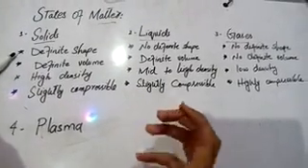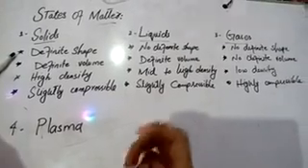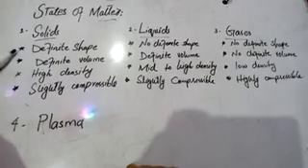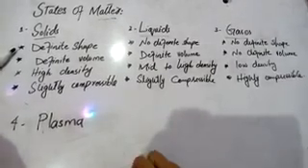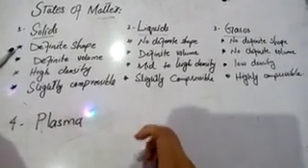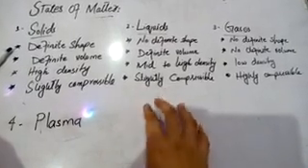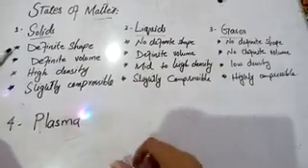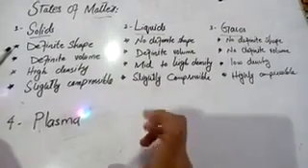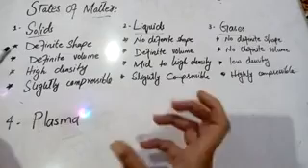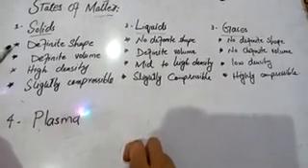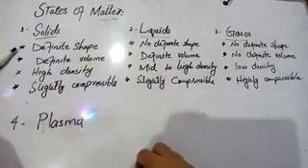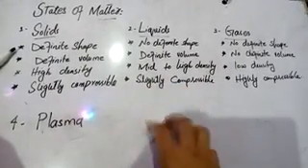Solids have definite shape. Why do solids have definite shape? The reason is that the molecules and the atoms in a solid are close enough to each other to give it a definite shape. This is the reason for the shape of solids, because the molecules or the atoms are packed in a definite structure.